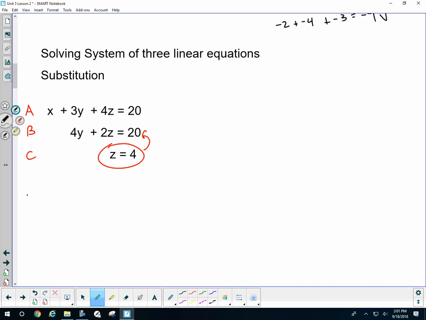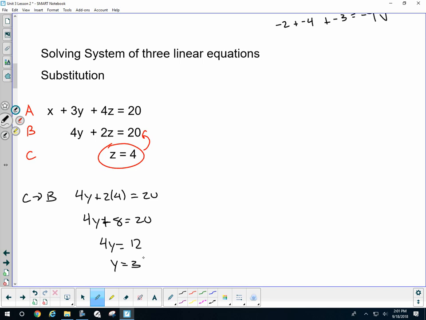so C into B is how I'm going to show that I'm substituting things. I'd get 4y plus 2 times z is equal to 20. And I get 4y plus 8 is equal to 20. We could actually solve for y here. Subtract 8 on both sides and then solve for y.